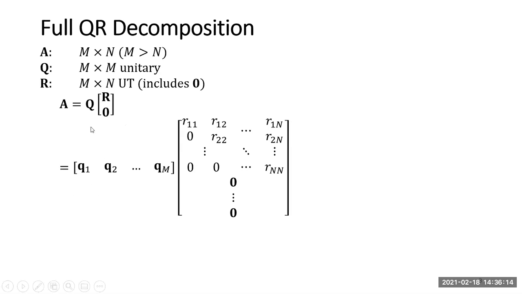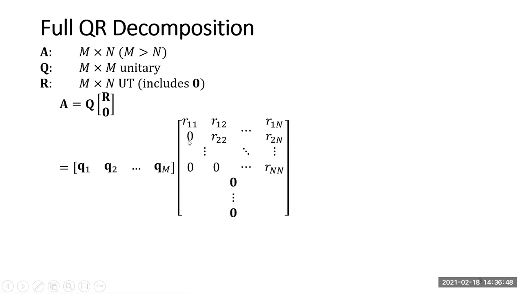So this is what it looks like. Let me express Q in terms of its columns: Q1, Q2 until Qm. Remember, M is the larger one and N is the smaller one. Each of these column vectors is also M dimensional. And then this is the upper triangular block R: R11, R12 until R1n.